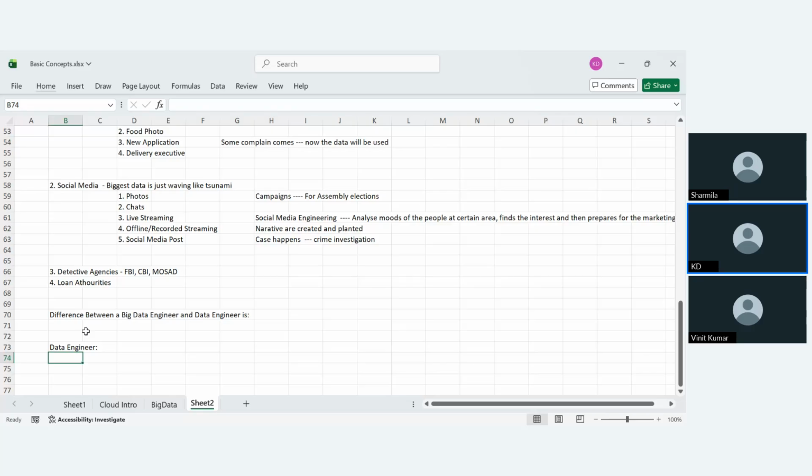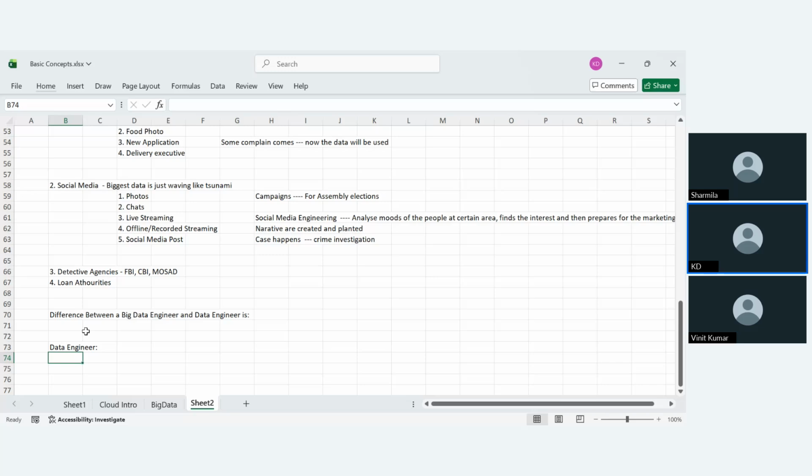But when it is big data, like Flipkart is launching the Big Billion Days sale. For example, on normal days 5,000 orders come every day, but in the Big Billion Days, 50,000 orders will be coming every day for 3 days.